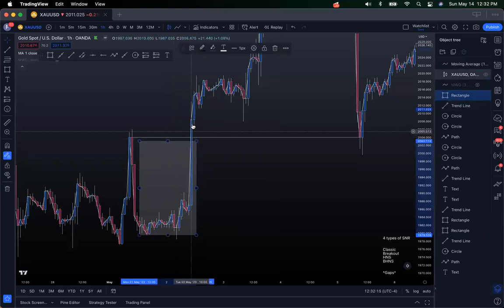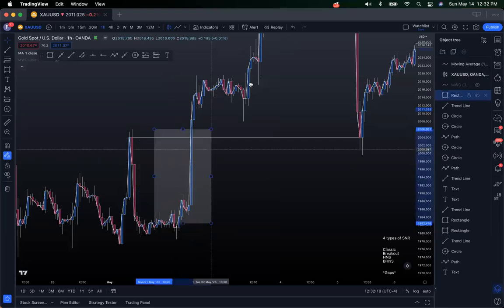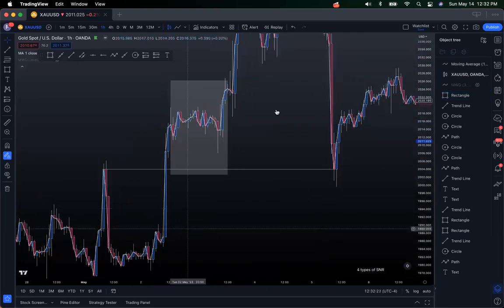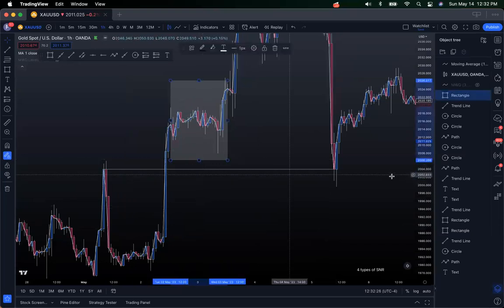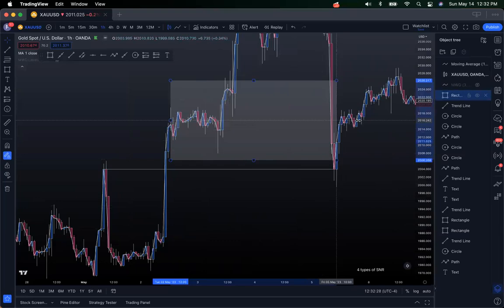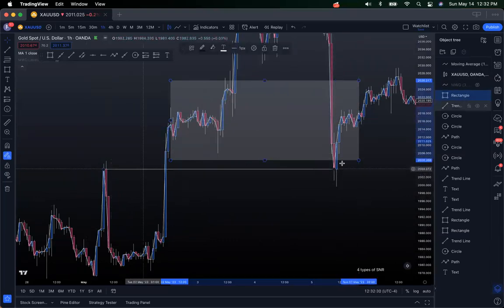And then price broke out. And then also on the upside, nothing came and touched this level until here, and it just tapped and flew.